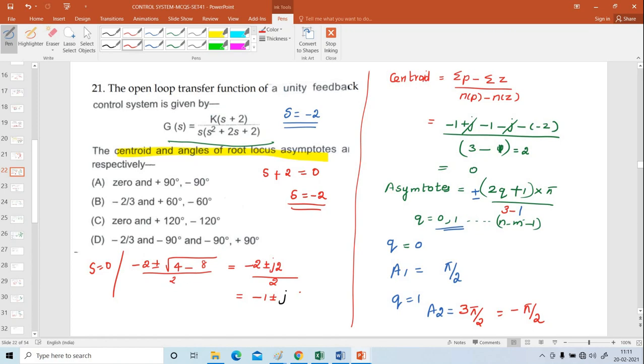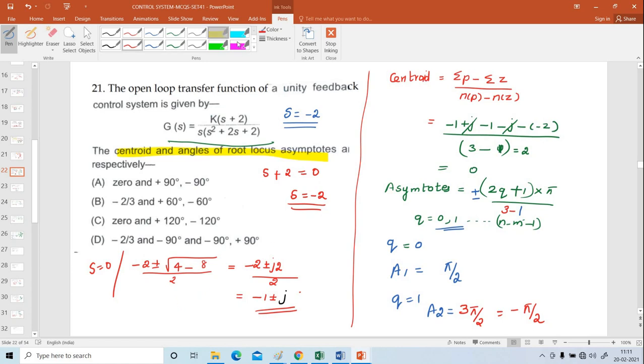Minus 2 plus or minus square root of minus 4, that is J2, divided by 2. So minus 1 plus or minus J. So 3 poles are in the denominator.